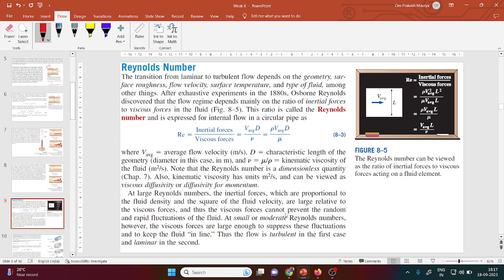Now, the Reynolds number you know already. Based on the Reynolds number, one experiment was done by Osborne Reynolds in the 1880s. The Reynolds number is the ratio of the inertia force divided by the viscous force.